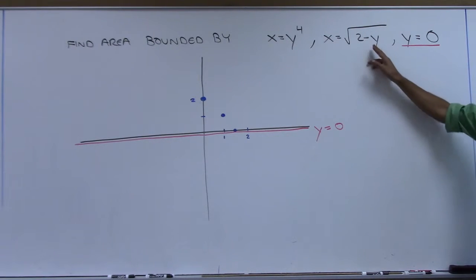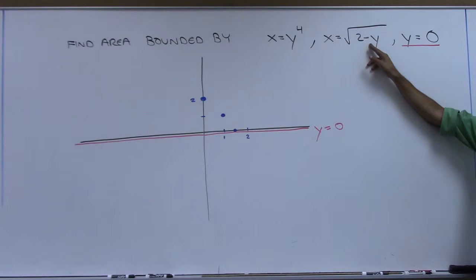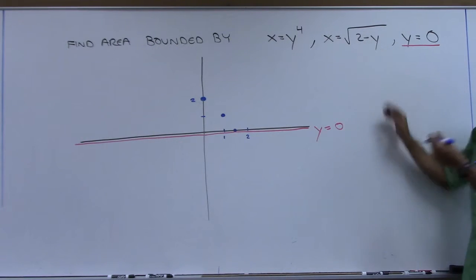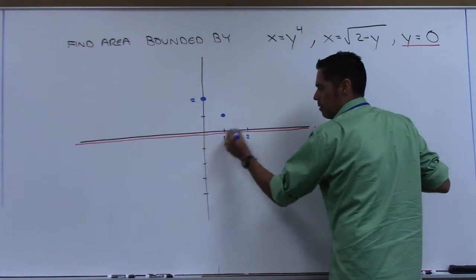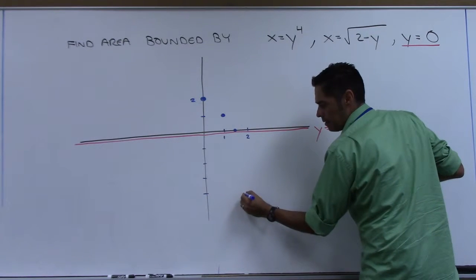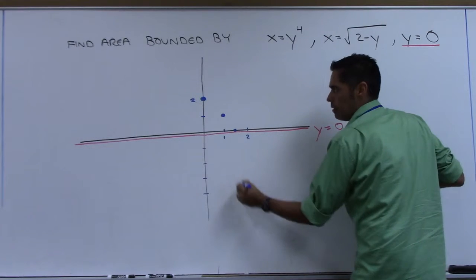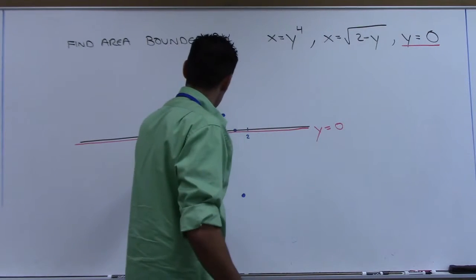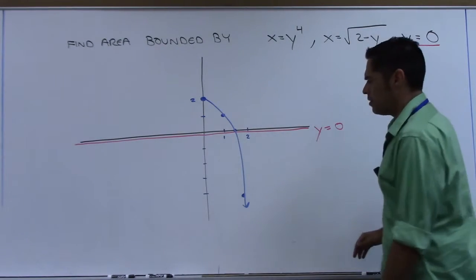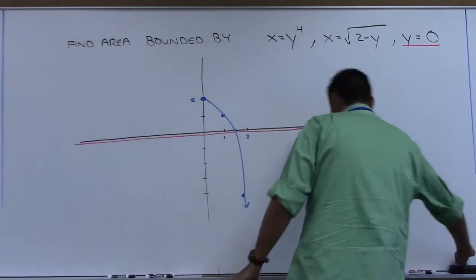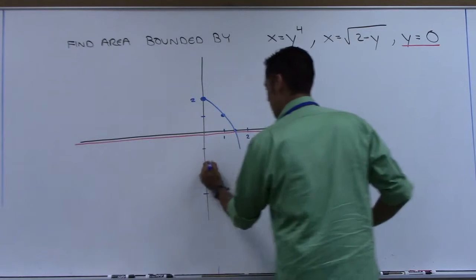Could I plug in y is -2? I like that one, right? Square root of 4, which is 2. Sorry, I accidentally put -4.